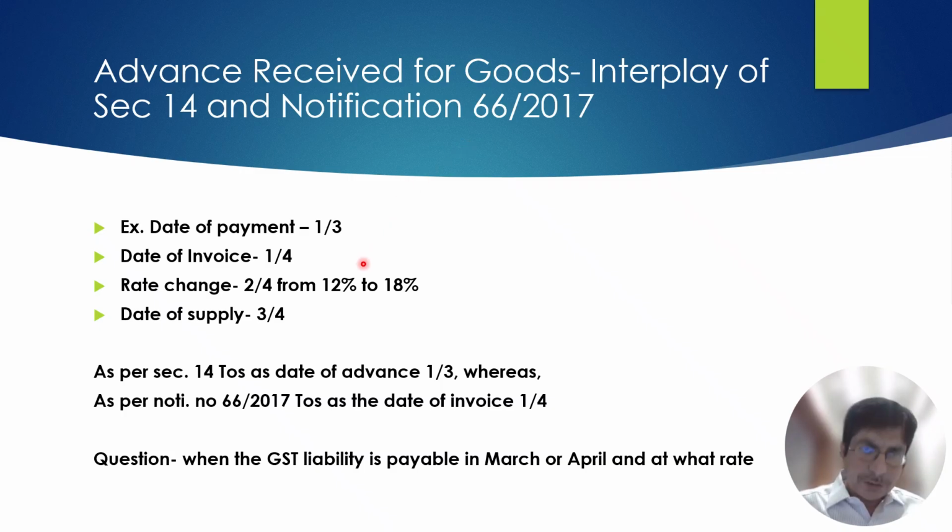So understand the facts of the case carefully: there is an advance on 1st March. The invoice is raised on 1st April. GST rate changes on 2nd April from 12% to 18%. It's a hypothetical example. And the material is supplied on 3rd April.